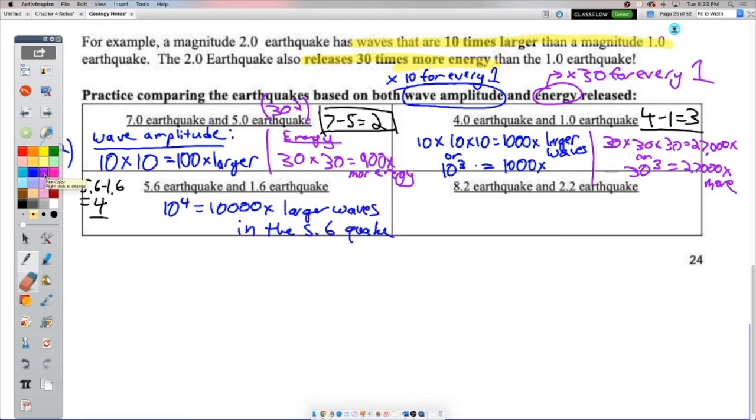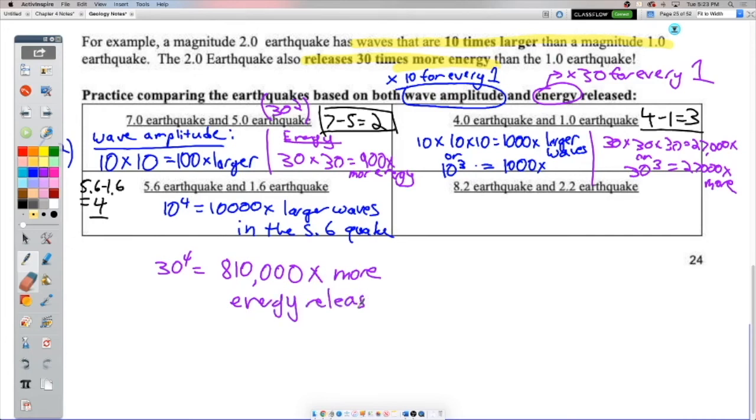What about for energy? Same idea, except instead of 10s, we use 30s. So 30 times 30 times 30 times 30, or 30 to the power of 4 equals 810,000 times more energy released.